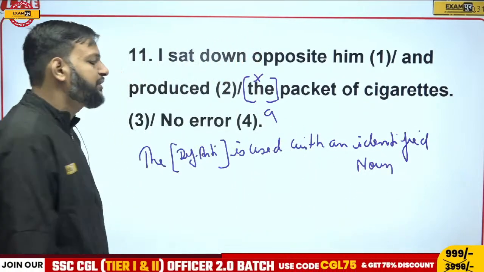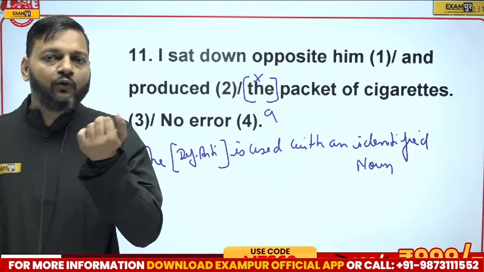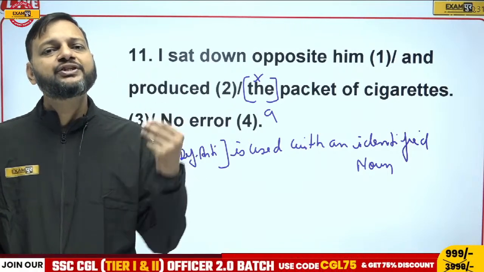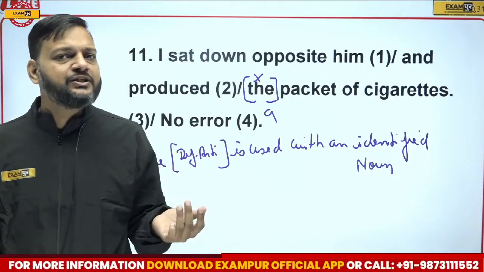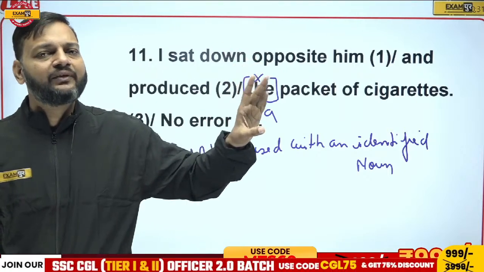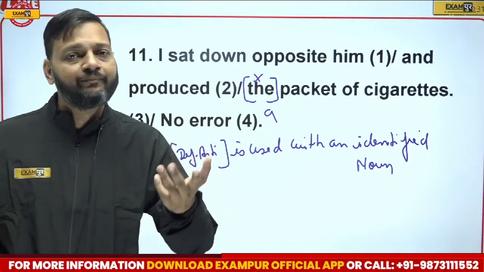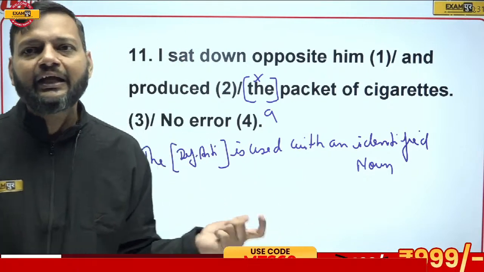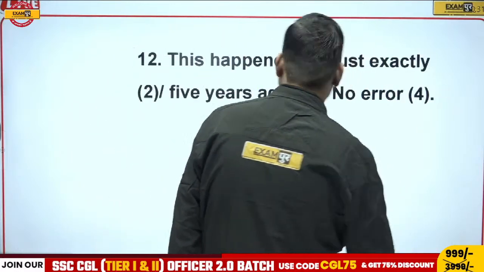Identified nouns means the nouns which have any sort of detail or information about them in the sentence. But here, packet of cigarettes is a general term and it is unidentified, random. Here we are talking about a random packet of cigarettes. That's why a should be used in place of the.